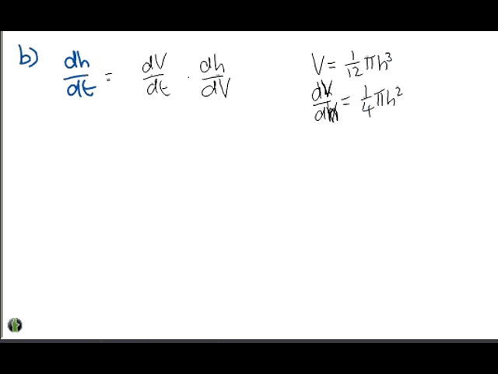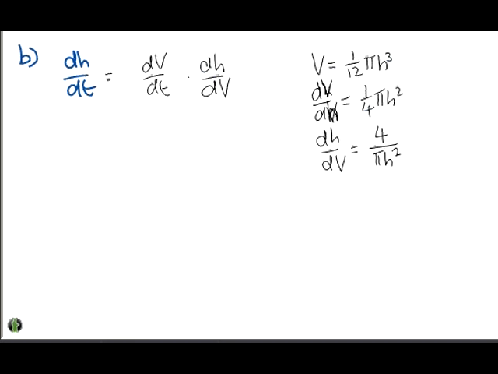But you're after dH/dV. Just flip the thing upside down. So that's π H squared over 4, so now you have 4 over π H squared.